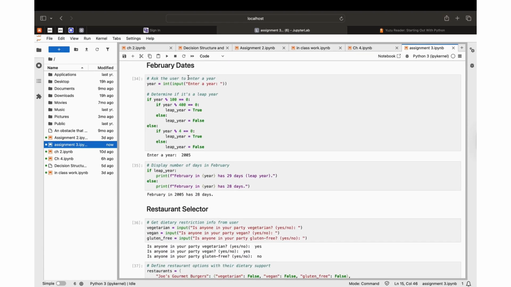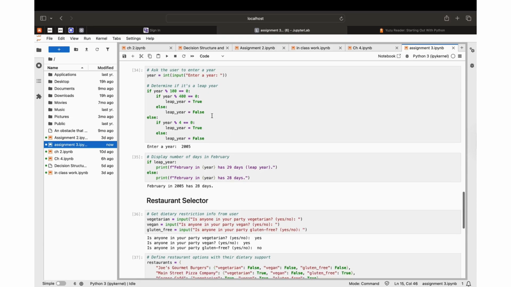Okay, for February dates, you ask the user to enter the year. So it's enter a year, and I did 2005. And then you determine if it's a leap year. So if the year divided by 400 equals 0, then it is a leap year, and if not, then it's not a leap year.